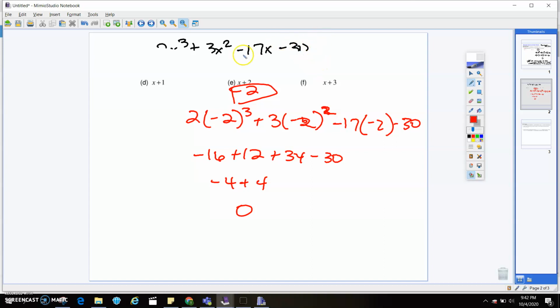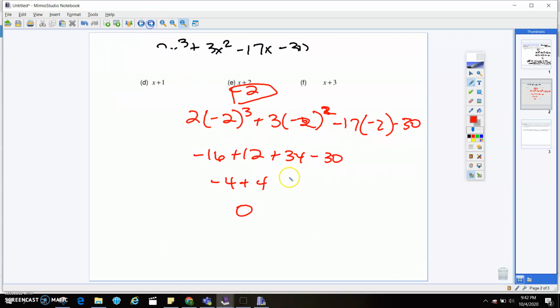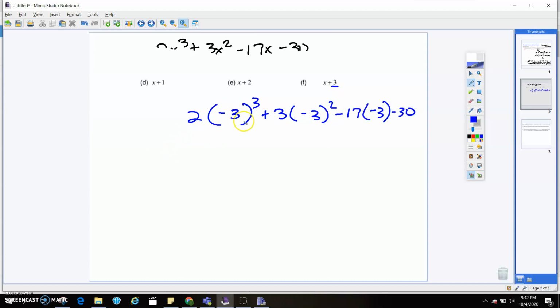So we've got, from the last one, we've got 3 and negative 2 are zeros, x-intercepts, solutions to this polynomial. And the last one, negative 3, I'm going to plug that, and notice how I'm changing that sign, right? I'm going to plug that into here. Okay, so I'm going to simplify, and that's going to give me 2 times negative 27.